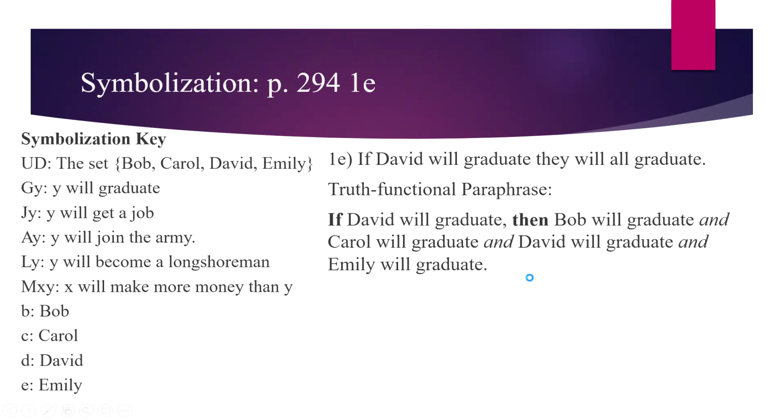So now we identify our main connective, right? If David will graduate, then this whole second part is our consequent. And in our consequent, we have 3 conjunctions, right? We have 3 ands and 4 sentences. So we have to specify that further, right? We add our parentheses to separate the consequent, and then we need to break the consequent up more.